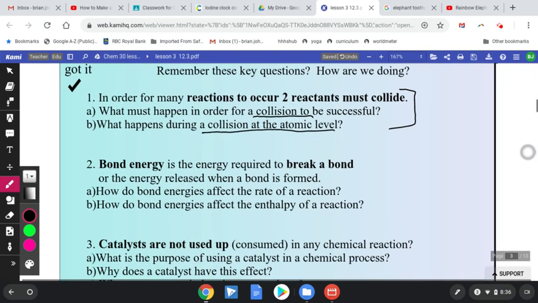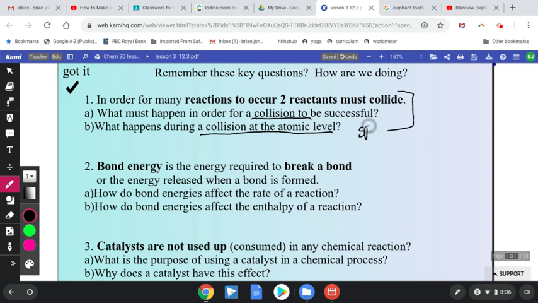Do you remember what they are? Speed or kinetic energy and orientation.